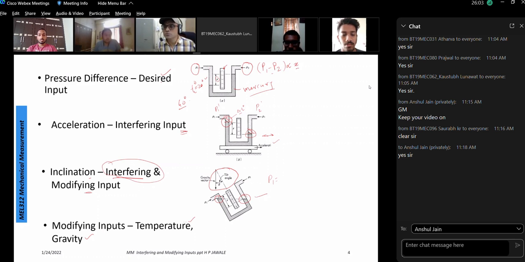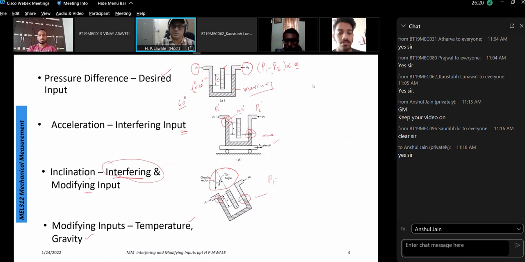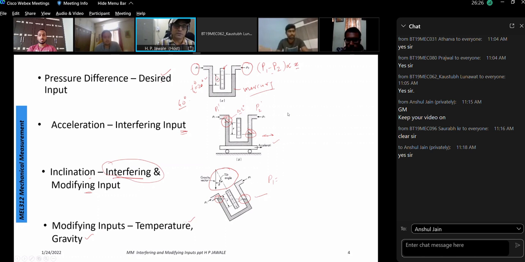What about the others? Only 2 students have their videos on. Anshul and Rupesh, check whether they have turned their videos on or not. If not, you can straightaway give the reason and mark them absent. Correct. So let us move on.